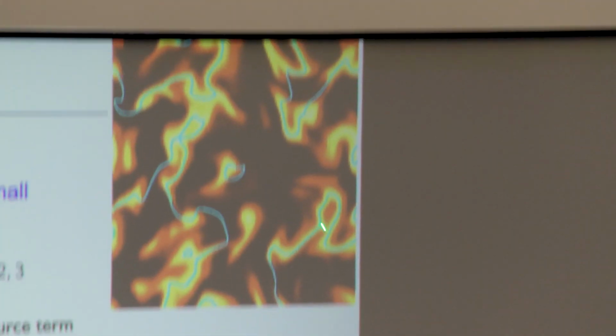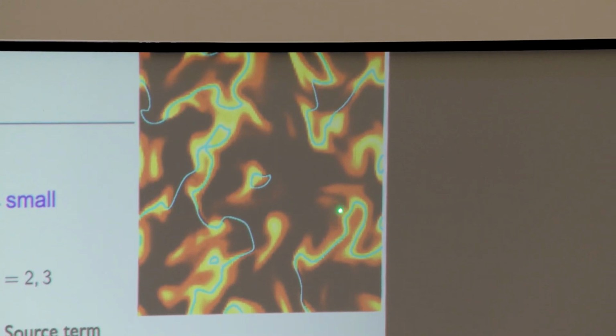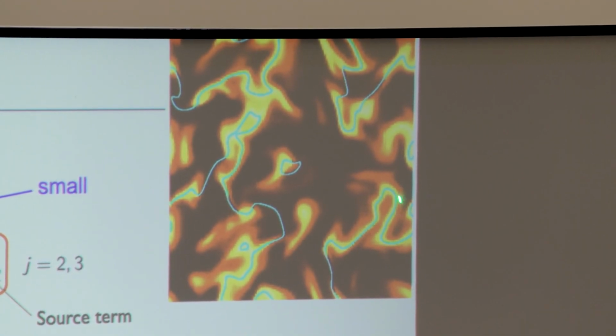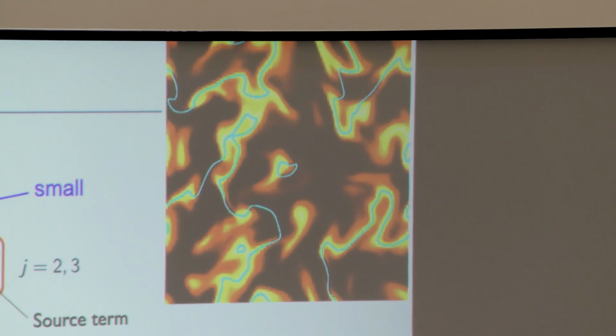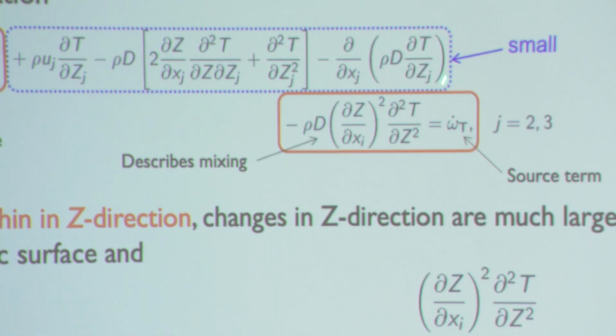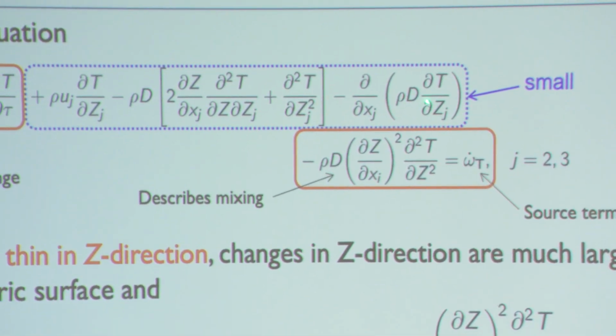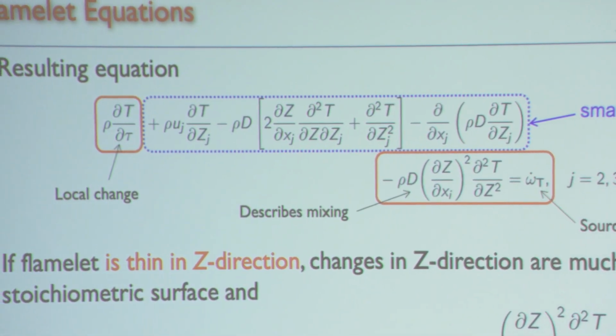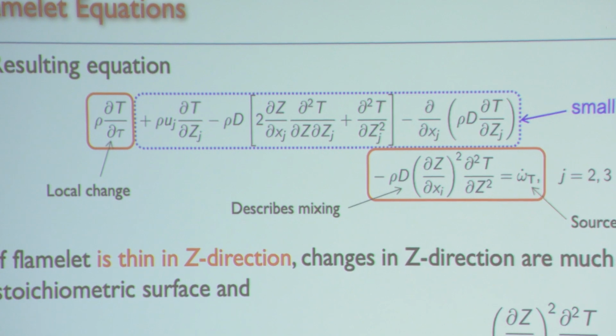But the gradients along the stoichiometric mixture are very small. There's basically no change if I go along. So the changes along the stoichiometric mixture are the changes in dzj, and they are very small. So everything that has a dzj, we say that's really small, we can neglect it.